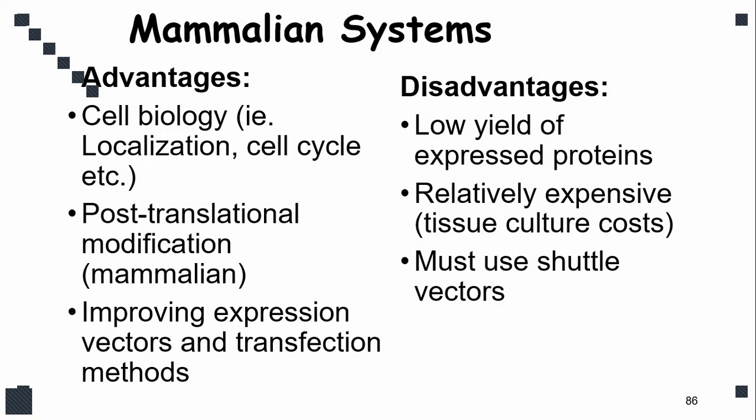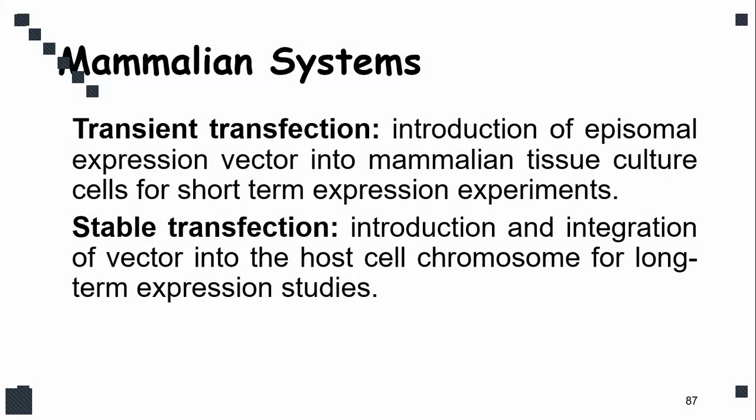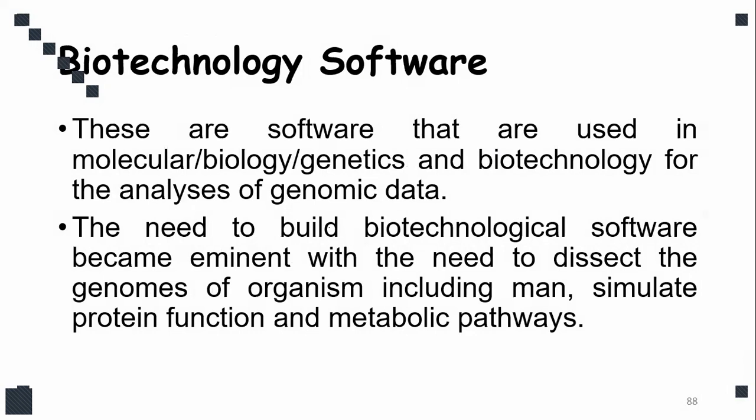Number three, mostly laborious. Remember the shuttle vector, whose strength is the fact that you can move it from a prokaryotic system to a eukaryotic system and vice versa. So these are the ideas we have just mentioned about transient and stable transfection, which you must remember. One is temporary and the other is permanent, or stable.